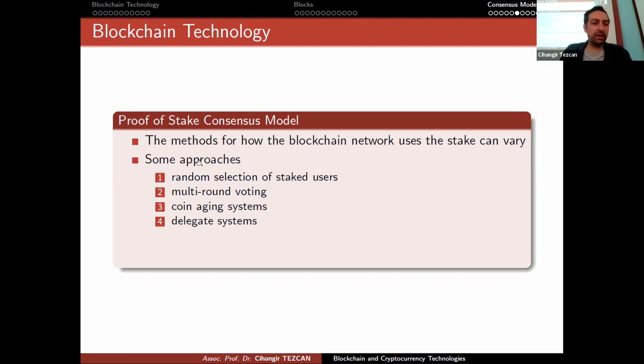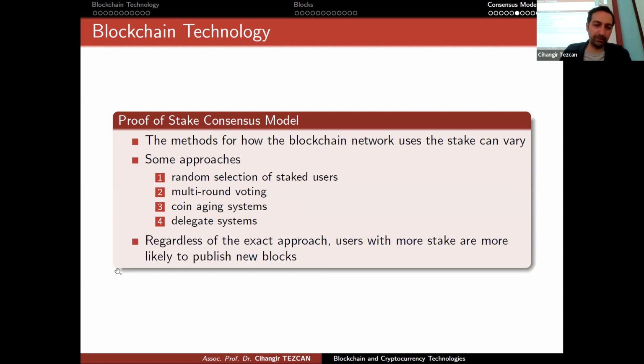There are many approaches like random selection of stake users, multi-round voting, coin aging systems, delegate systems. So in the coin aging systems, once you stake some coins, the age becomes zero, so it has to take some time before you can later reuse them and so on.